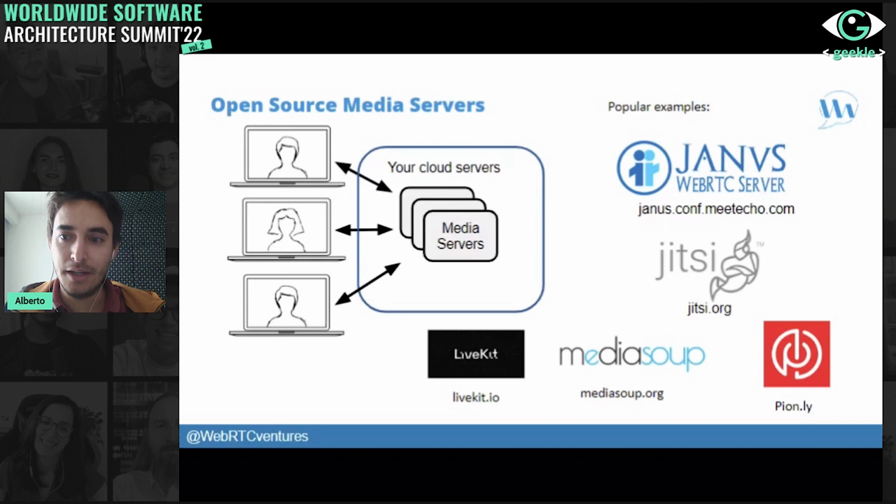But yeah, they are used in really large solutions, like Twitter or large companies. Basically Janus is built in C, Jitsi is in Java, Pion and LiveKit in Go, and MediaSoup in C++. So you can choose based on the stack they use, but also maybe there are some use cases that are better for a specific one of them. And there are many more, of course.